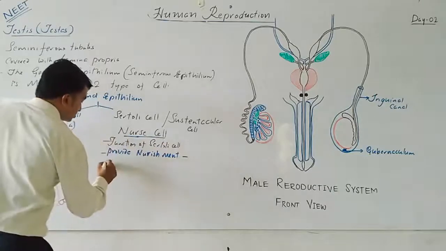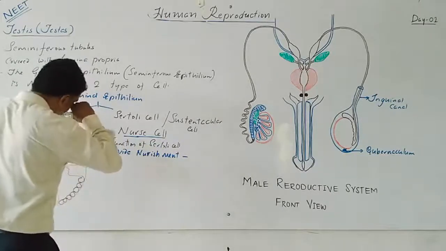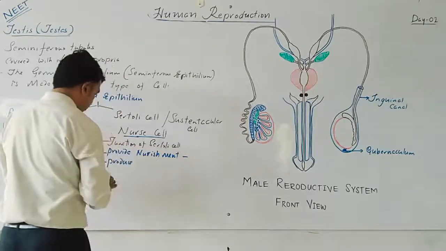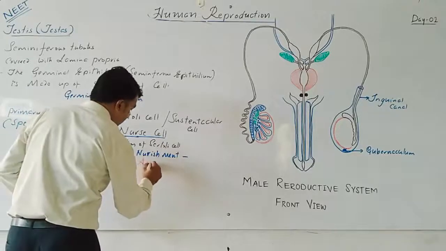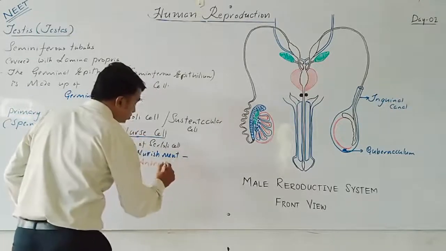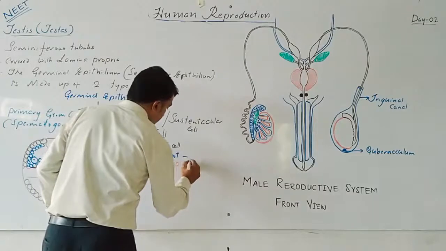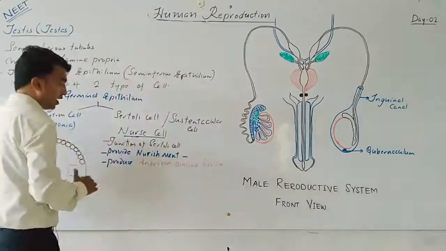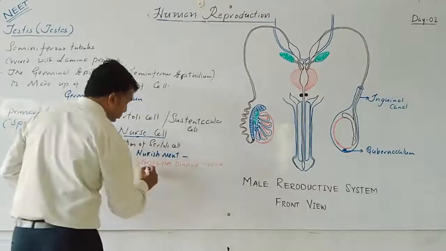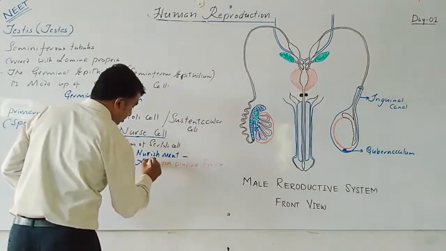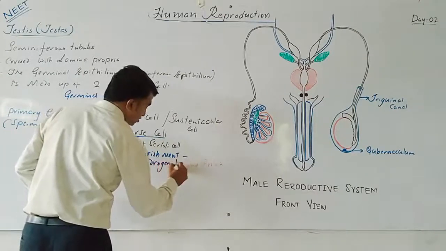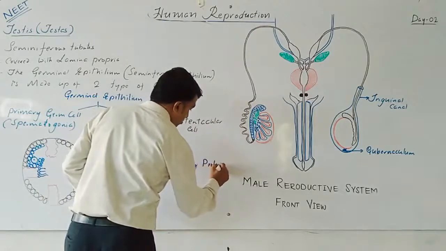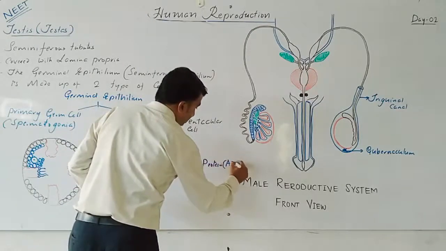Second, this Sertoli cell produces the main protein, that is the androgen binding protein, or ABP.